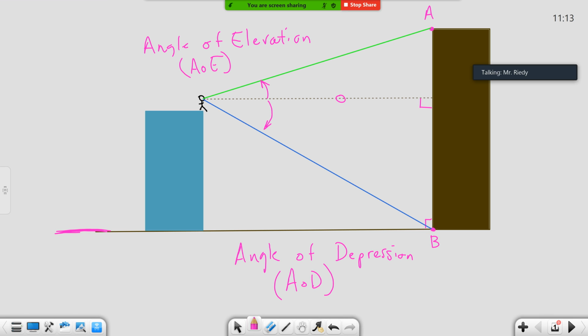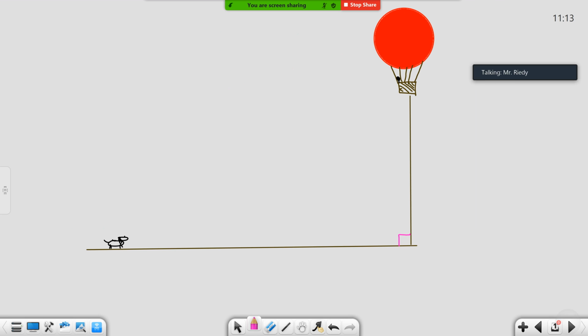Okay, so how do we apply this? Well, I've got this handy-dandy little problem. In this problem, you are up in a hot air balloon, and on the ground is a dog. Yes, that's a dog. Give me a break. We know that the angle of depression from you to the dog is 55 degrees.